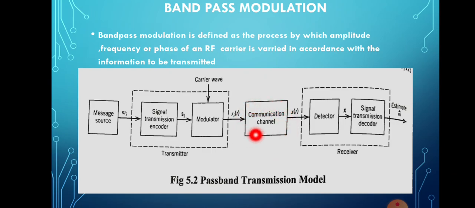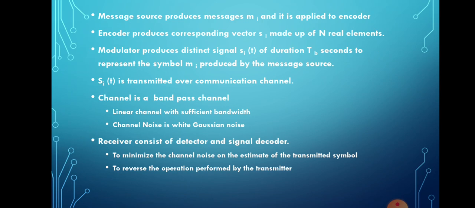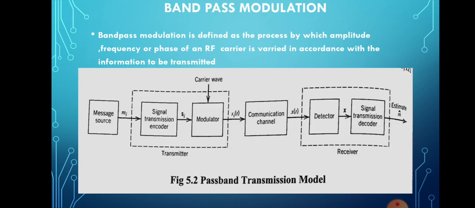So x(t) contains the effect of noise. The channel is a bandpass channel, a linear channel with sufficient bandwidth, and channel noise is introduced in it, assumed to be white Gaussian noise with zero mean and power spectral density N0/2.